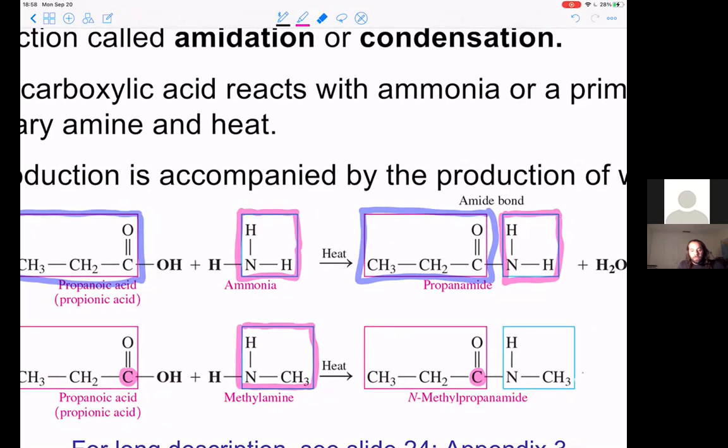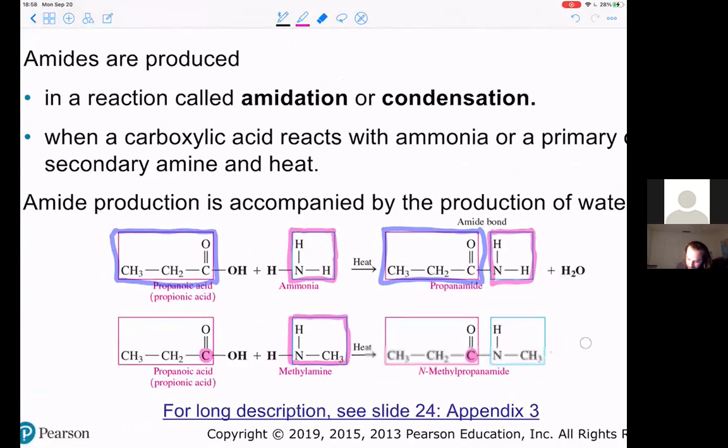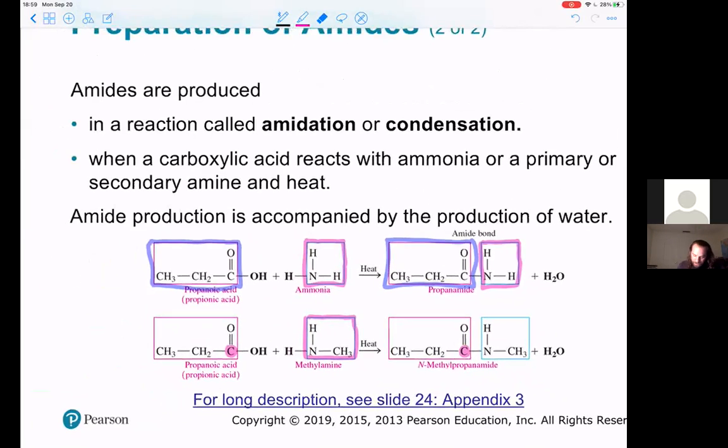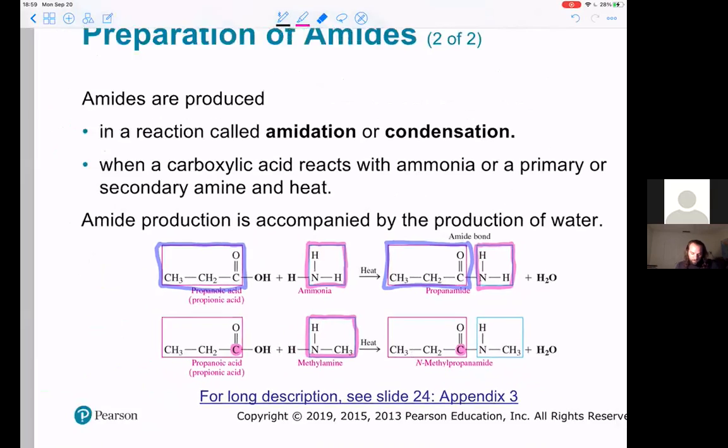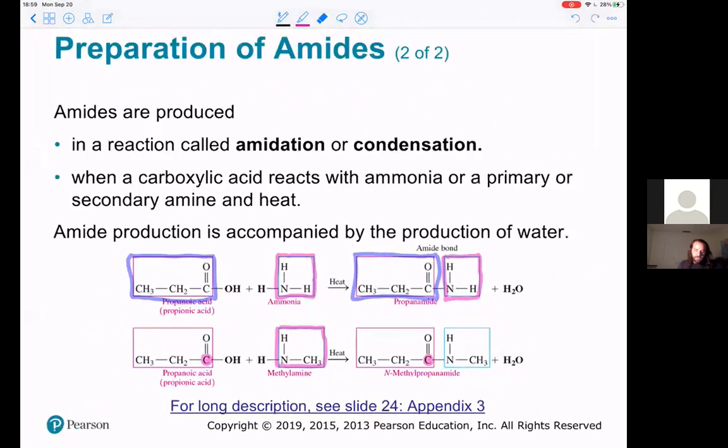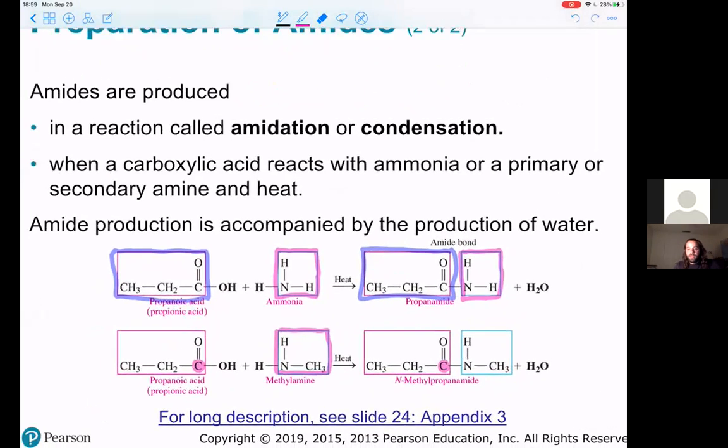This amine lost its hydrogen and replaced it with a bond with the carbonyl carbon, and water is a second product. This is not unlike what we saw with esters, where we took a carboxylic acid and an alcohol to make an ester. Here, a carboxylic acid and an amine make an amide.